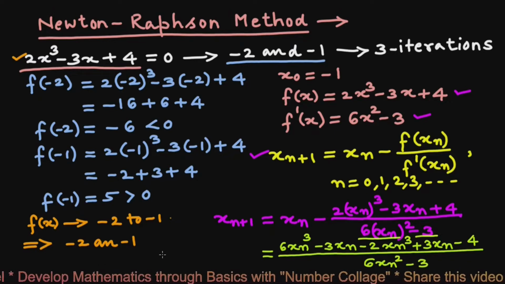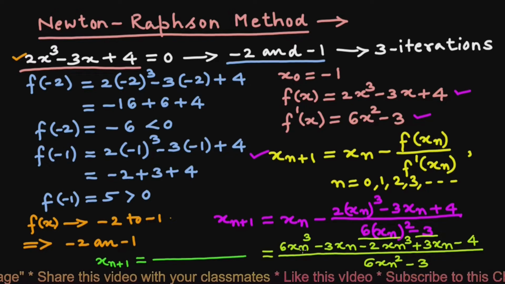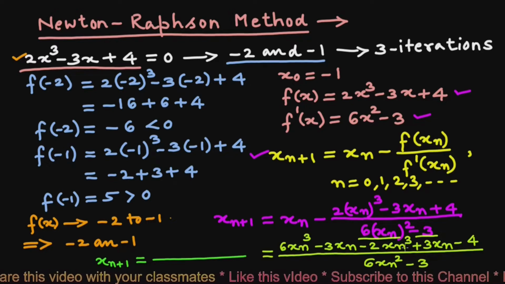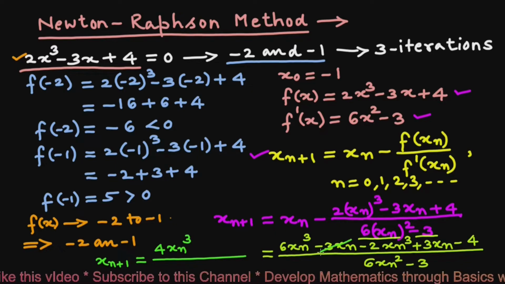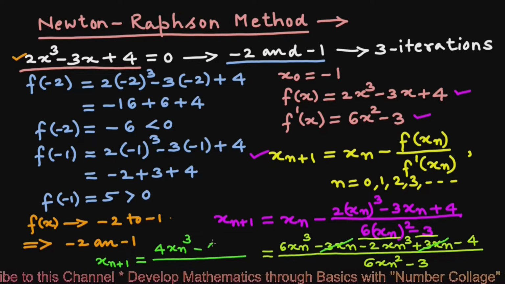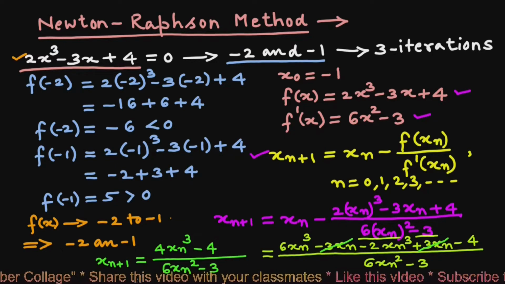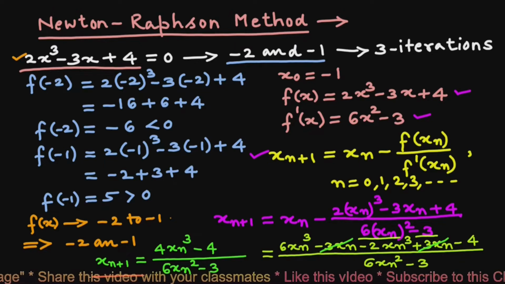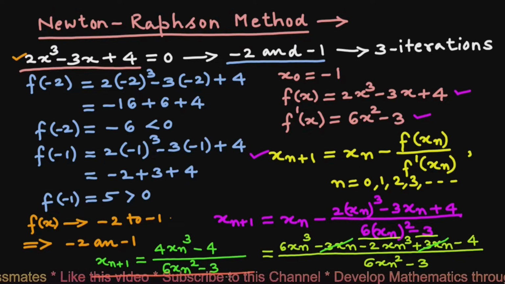This finally becomes x of n plus 1 equals 6 xn cubed minus 2 xn cubed, which is 4 xn cubed, minus 3 xn plus 3 xn, which is 0, minus 4, upon 6 xn squared minus 3. So we will use this iteration formula to calculate the 3 iterations.